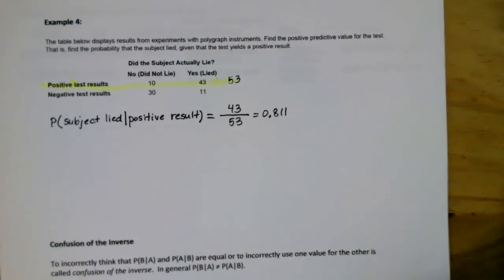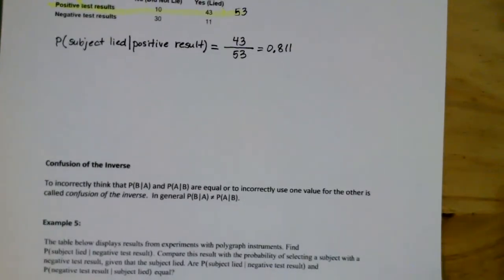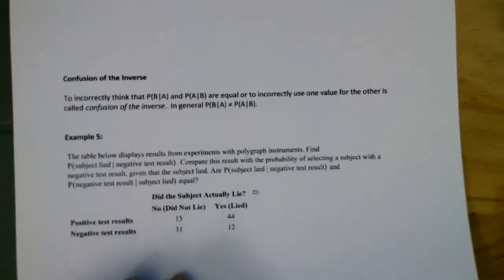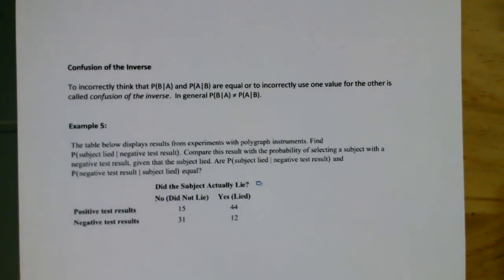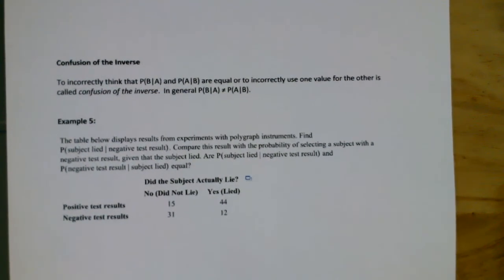Okay. Finally, we're going to talk about what they call the confusion of the inverse. To incorrectly think that the probability of event B given that A has occurred and the probability of event A given that B has occurred are equal, or to incorrectly use one value for the other, is called the confusion of the inverse.